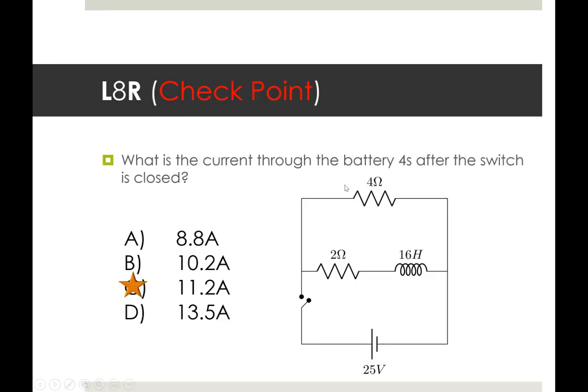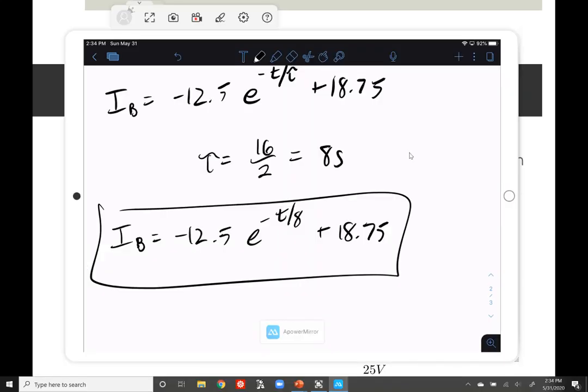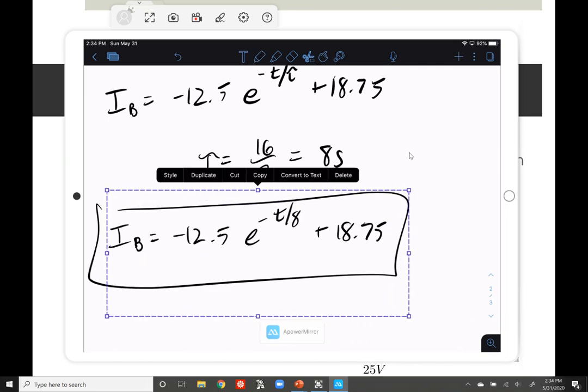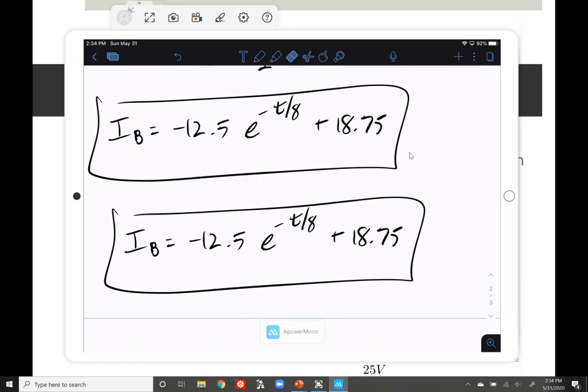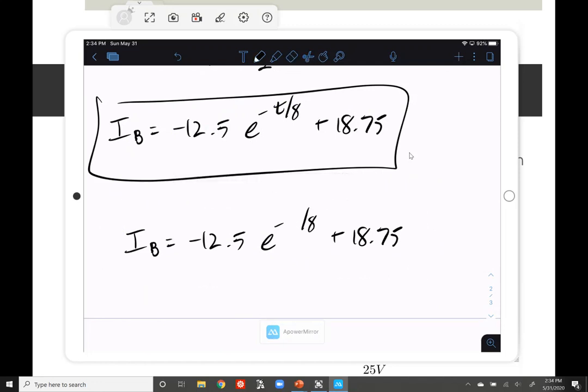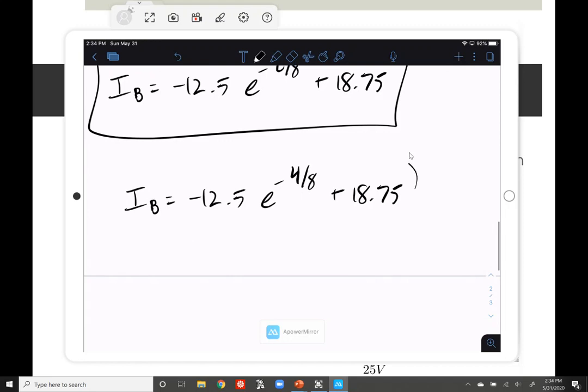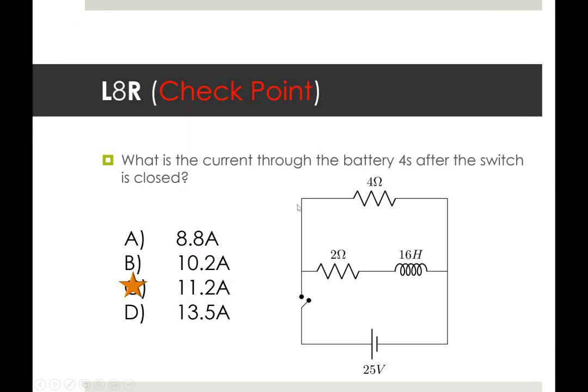And then the question was asking, what's the current after 4 seconds? So we just take our exact function, we plug in 4 for time here, and all of that can go directly into our calculator, giving us 11.2.